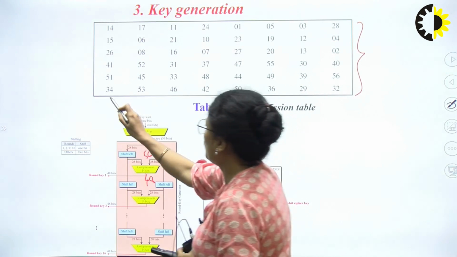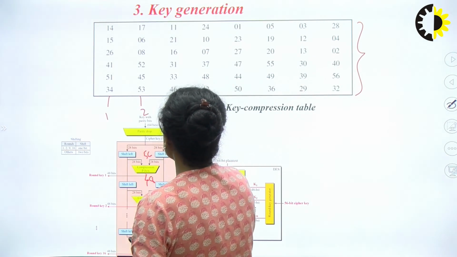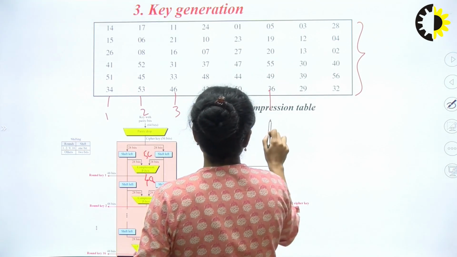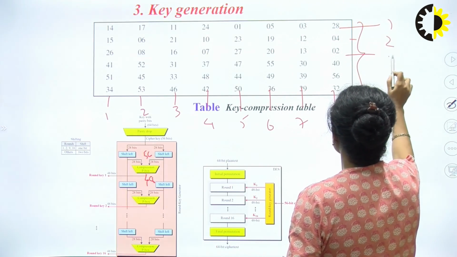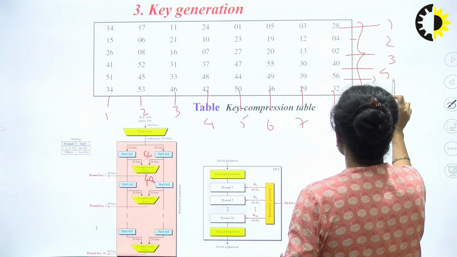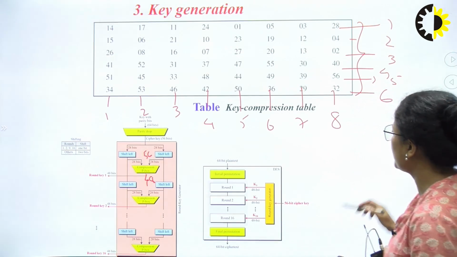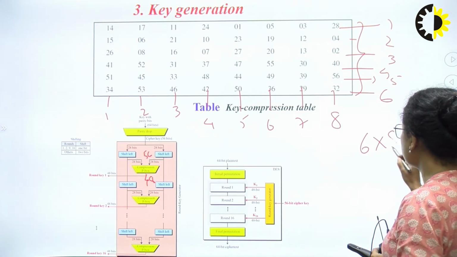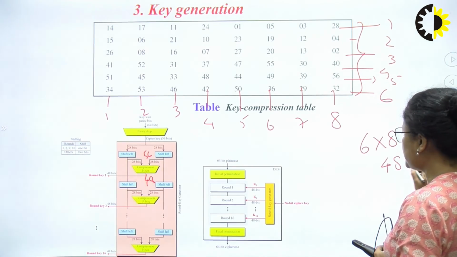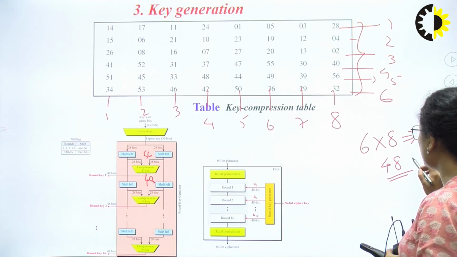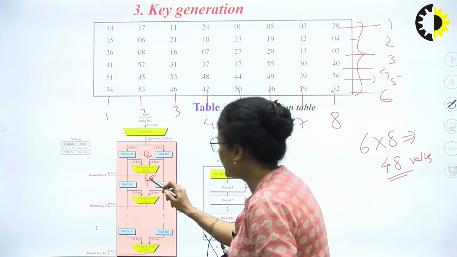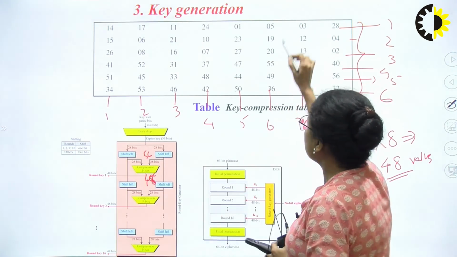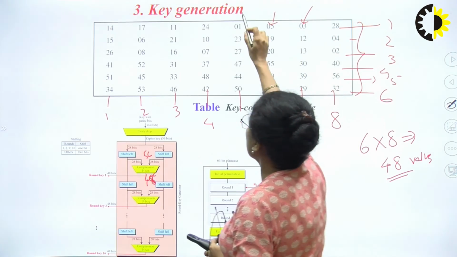See, we have 1, 2, 3, 4, 5, 6, 7, 8 columns and 1, 2, 3, 4, 5, 6 rows. 6 times 8 is 48. So we have 6 rows by 8 columns, 48 values. So this is the 48-bit pattern that we get.